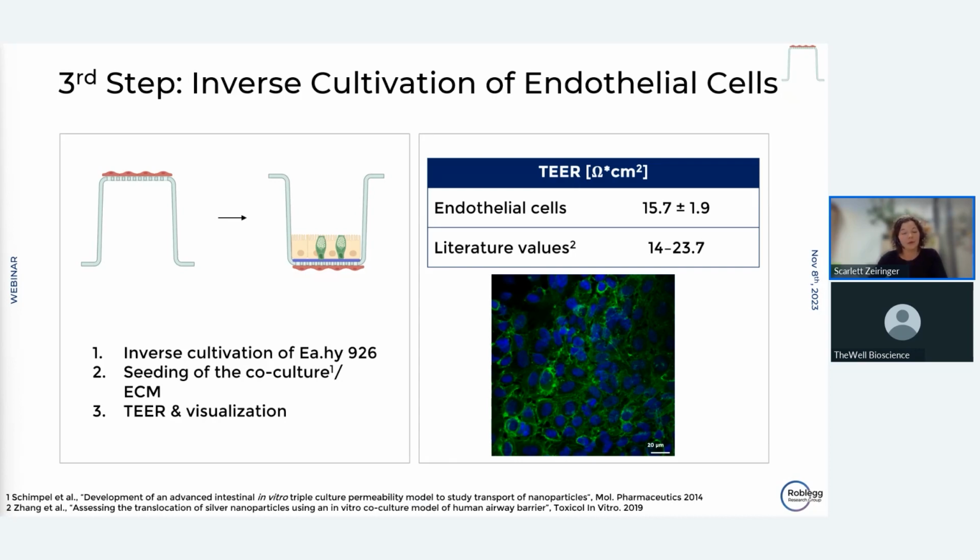These results were further verified by immunohistochemical investigations, which can be seen in the right figure. Here, it is shown that the endothelial cells formed a confluent cell layer after 7 days. In blue, the cell nuclei, and in green, the cytoskeleton.